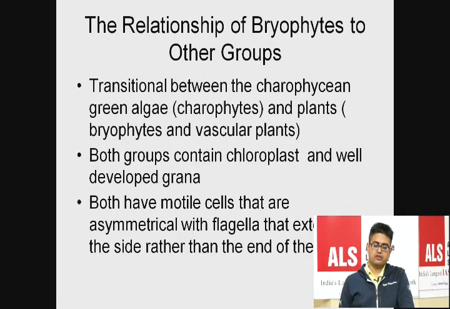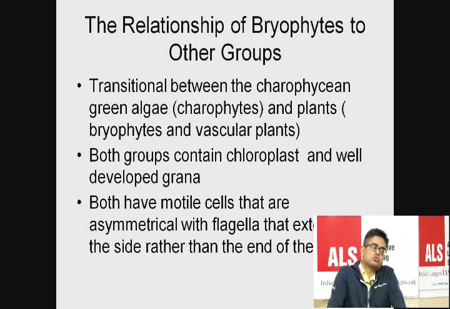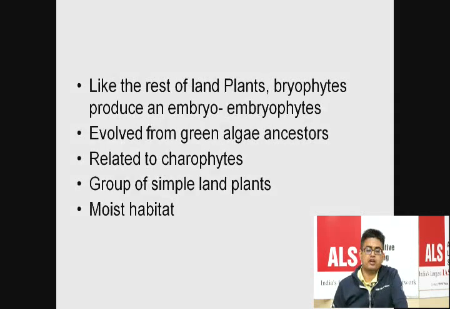They do not have wood-like structure, but they have structures which help them survive in water, like flagella. Flagella help the male gamete swim towards the female gamete. Also, they have embryo. A very important character of Bryophyta is that they develop embryo, so they are also called embryophyta.